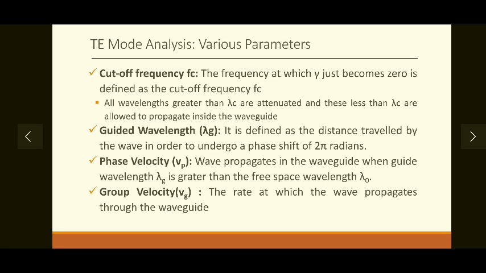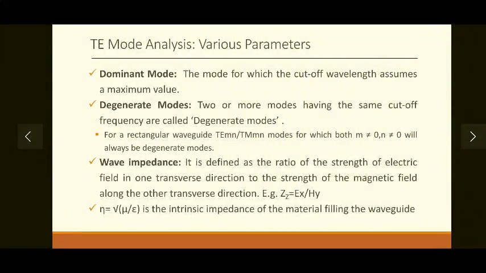And the group velocity is the rate at which the wave propagates through the waveguide. Okay, so what is the speed, or rate of traveling, of that particular wave through the waveguide, that is given as the group velocity. Then in each mode, whether TE or TM, there will be dominant modes and degenerate modes.